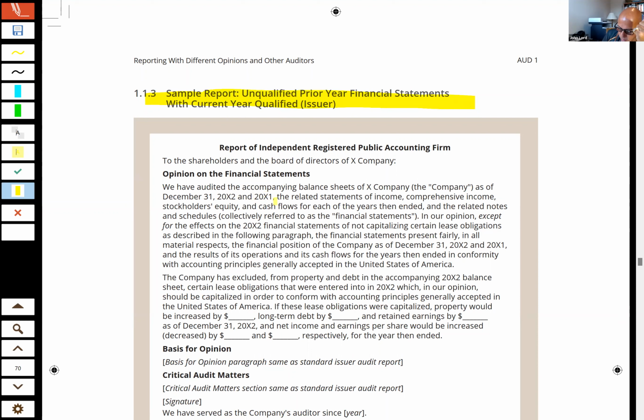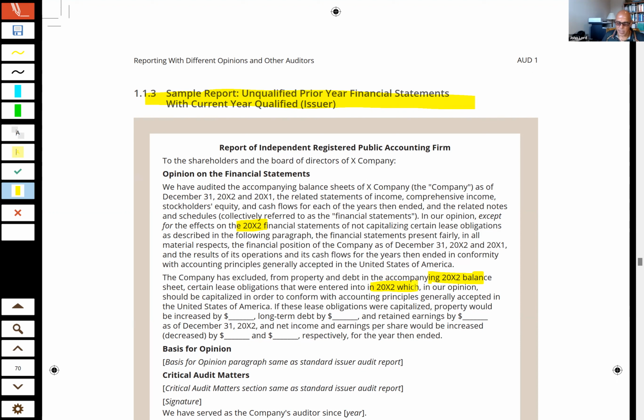When we write the opinion now, we write what? In our opinion, except for the effects of, and it would have been nice for them to stick with the same years here, on the X2 statements, and then we call out our problem as it relates to X2, now in our explanatory paragraph, as opposed to the basis for our qualified opinion.